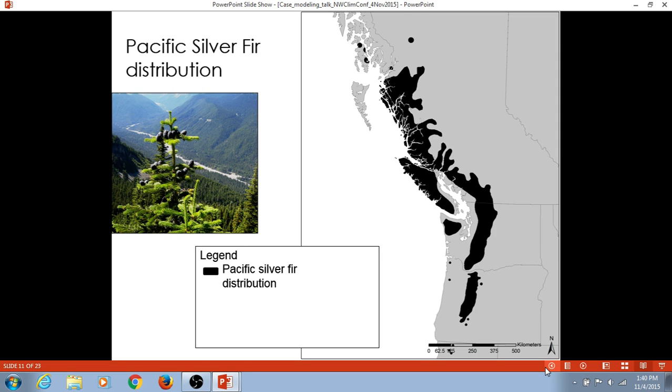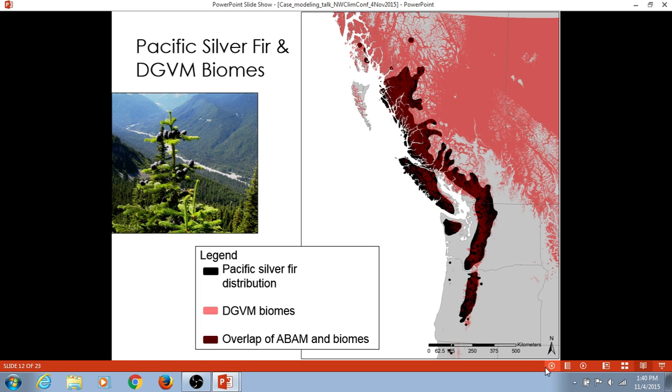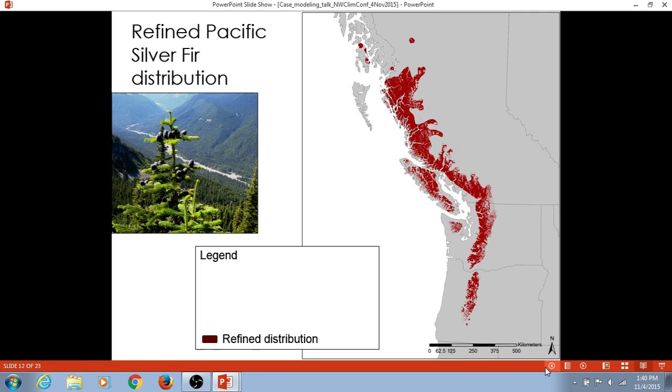So species range map, yep, you saw that. Overlapping that, or intersecting that, with the relevant biomes from the DGVM, okay? So the pink area is the DGVM biomes. The black is Pacific silver fir's distribution. Where they match up is this kind of dark red color here. Okay, so that's a refined species distribution.